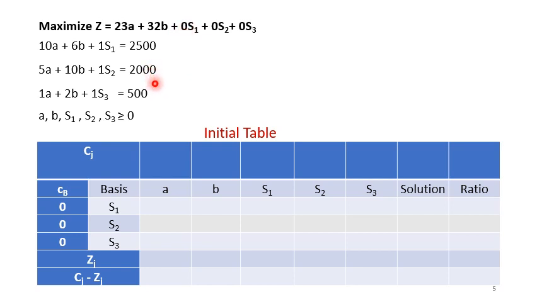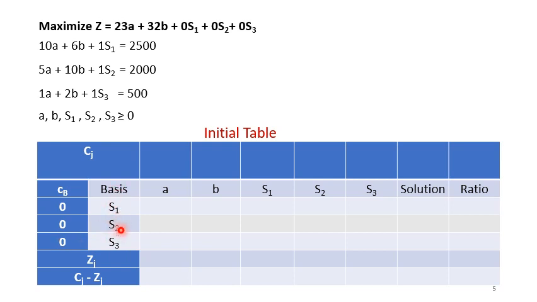What you will do now is, a and b will not be coming in the basis. You will be including s1, s2, s3, the slack variables, with coefficient of 0. These are the unused resources. We have seen slack variables are the unused resources. So s1 is equal to 0, s2 is equal to 0 and s3 is equal to 0.